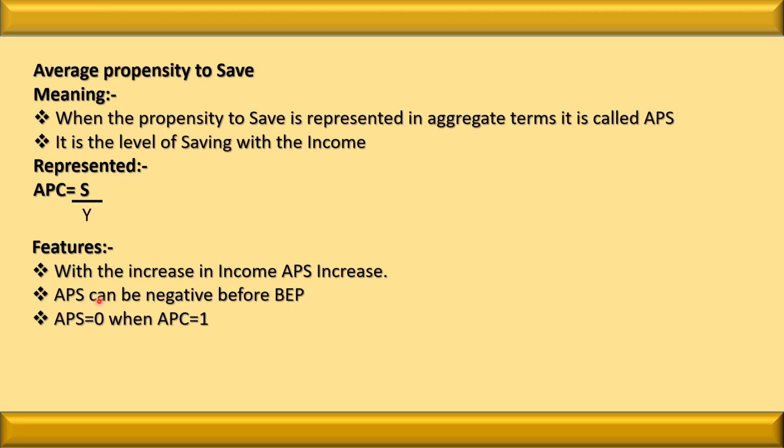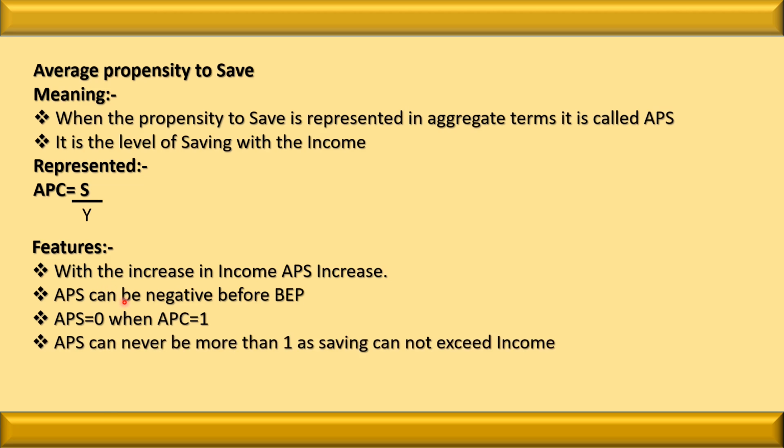APS becomes zero when the APC is 1. APS can be calculated from APC, because 1 minus APC is equal to APS. Remember one thing, APS can never be more than 1, as saving cannot exceed income.